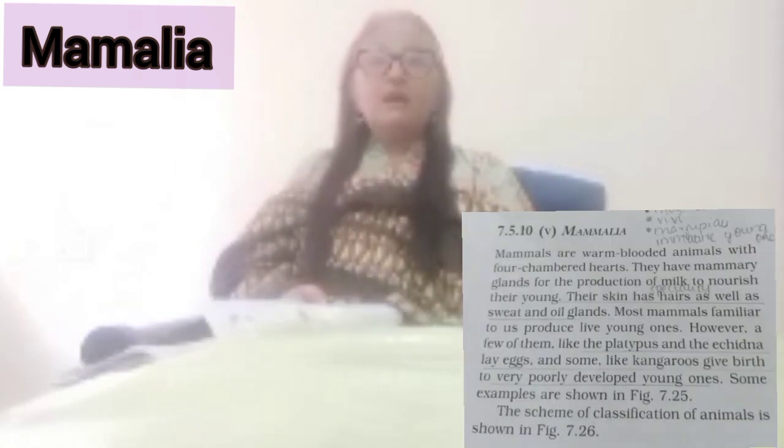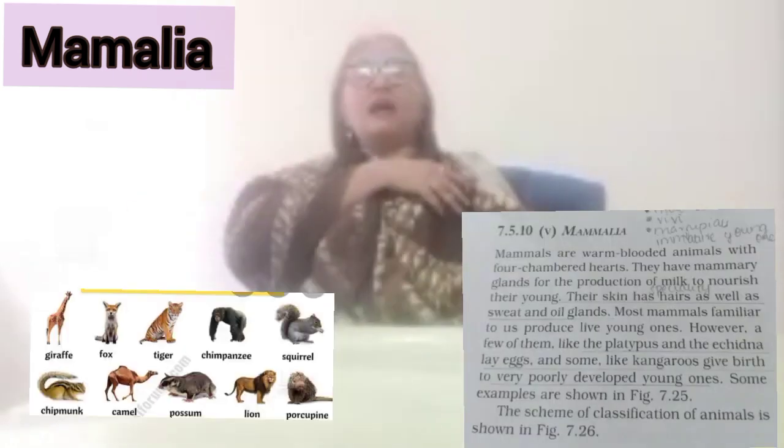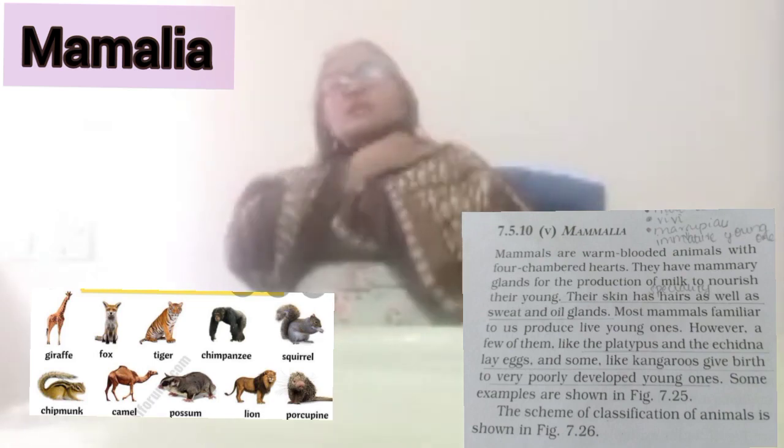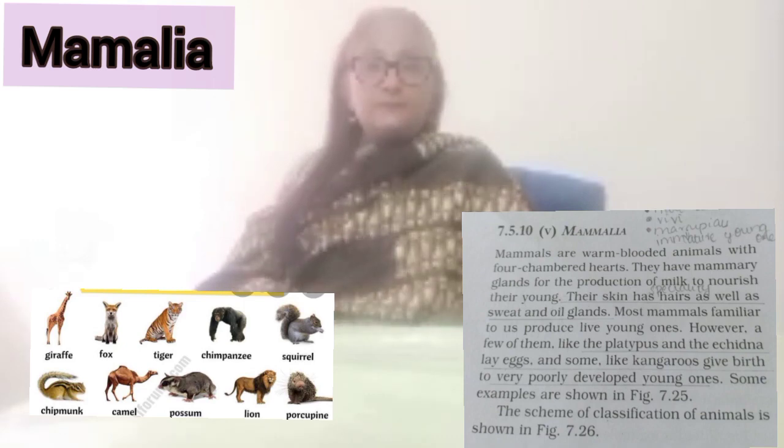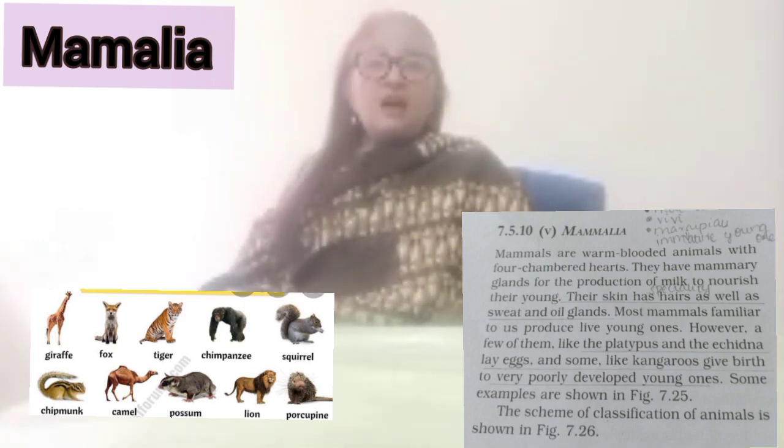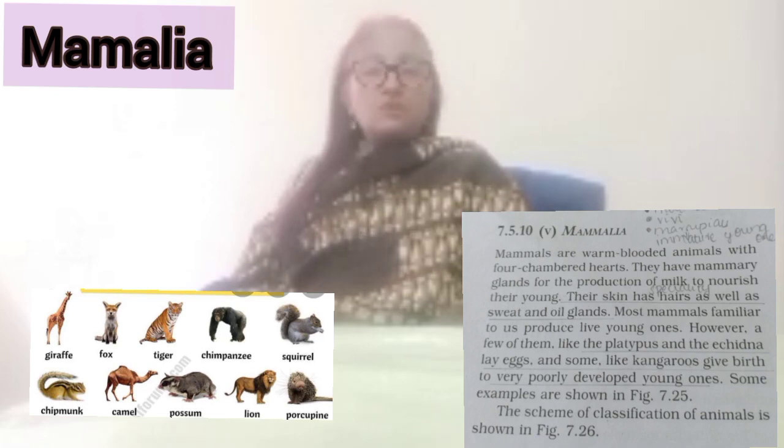Next, the last one is mammals or mammalia. They have an exoskeleton that is made of hairs, and in the skin are present the sweat and oil glands. Endoskeleton is of course there, which is bony, and muscles are attached to it.